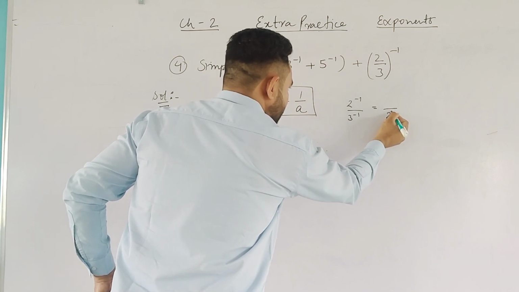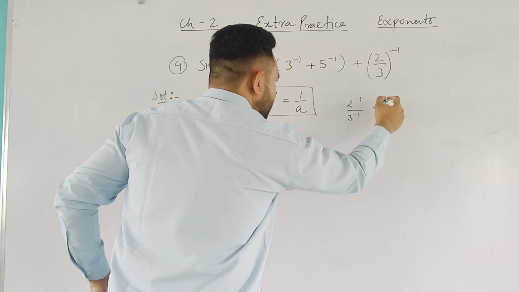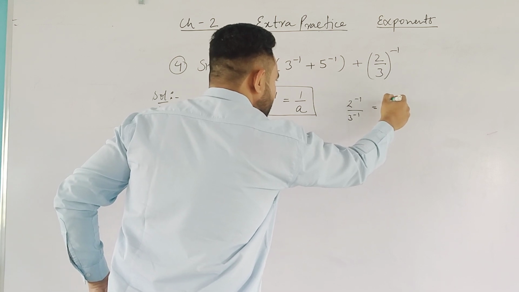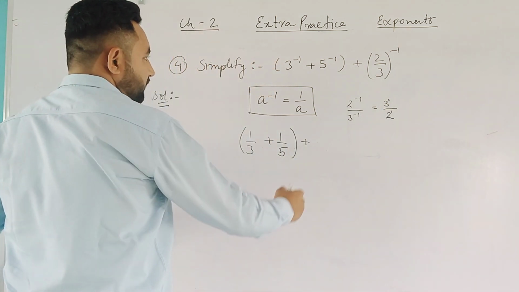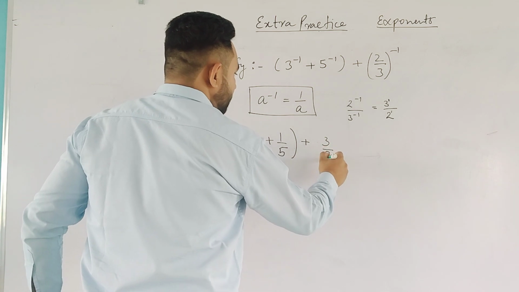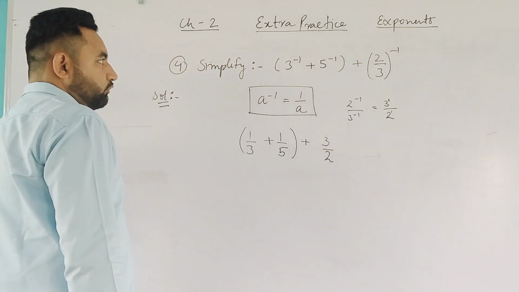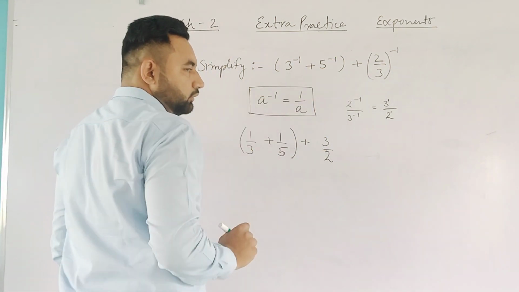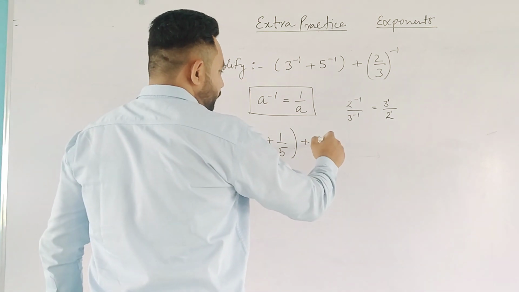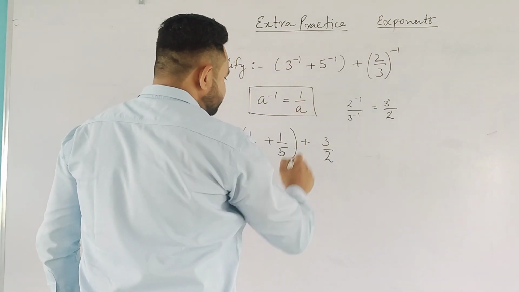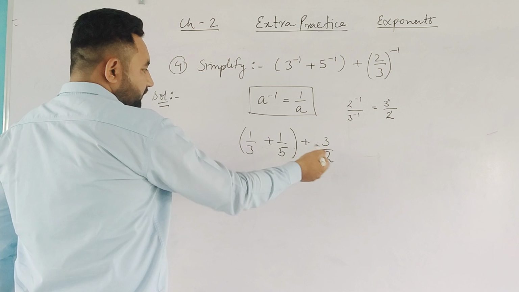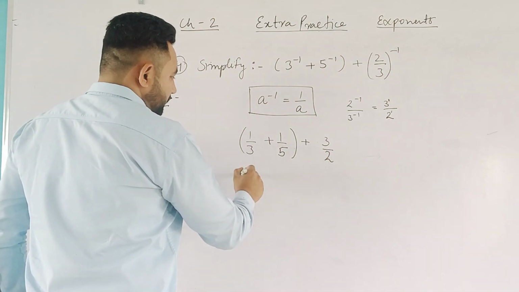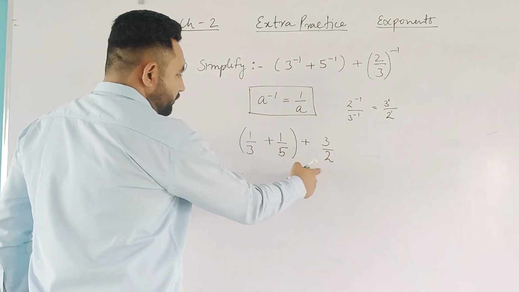Positive 1. When 3 will go in the numerator, what will be the power? 1. So can we write it as 3 by 2? Do we need any power here? No, because it is now positive 1.